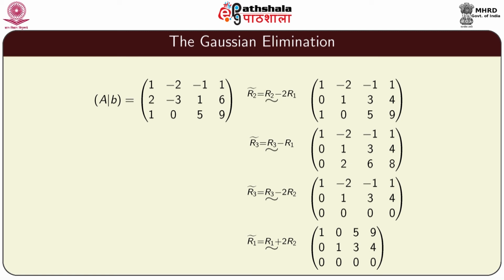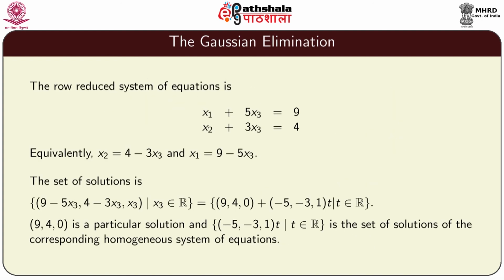So, there are only 2 non-zero rows in the row reduced echelon form, and it is indeed the row reduced echelon form. This is interesting in the sense that the reduced system of equations is now this, which is definitely reduced in the sense that there are only 2 equations instead of 3, and if you look at the second equation, there are only 2 variables involved.